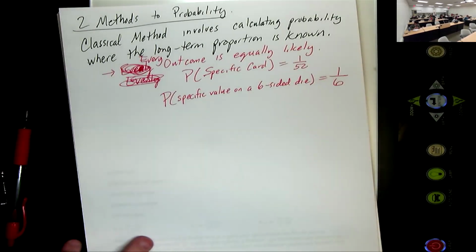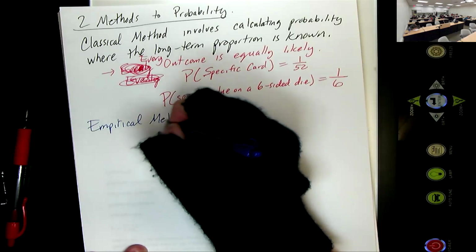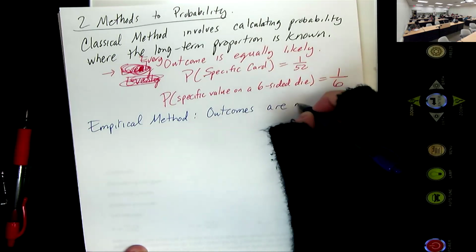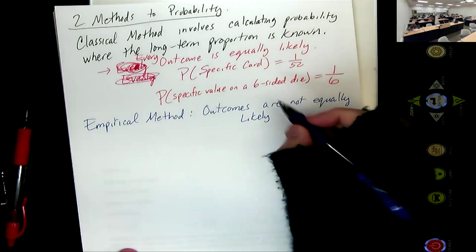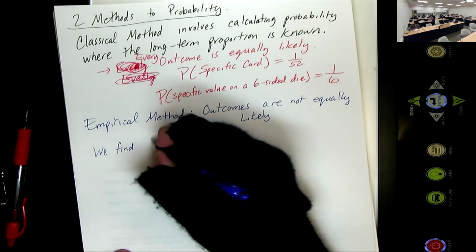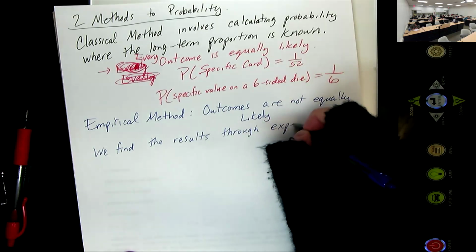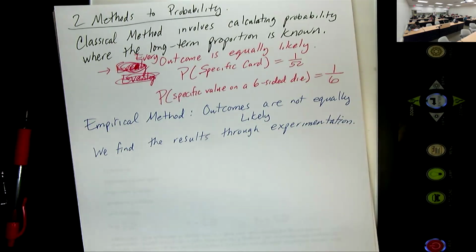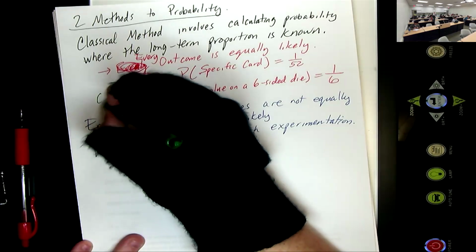The other method is called the empirical method. Outcomes are not equally likely, which means we find the results through experimentation. In this category, almost every single casino game should fall.